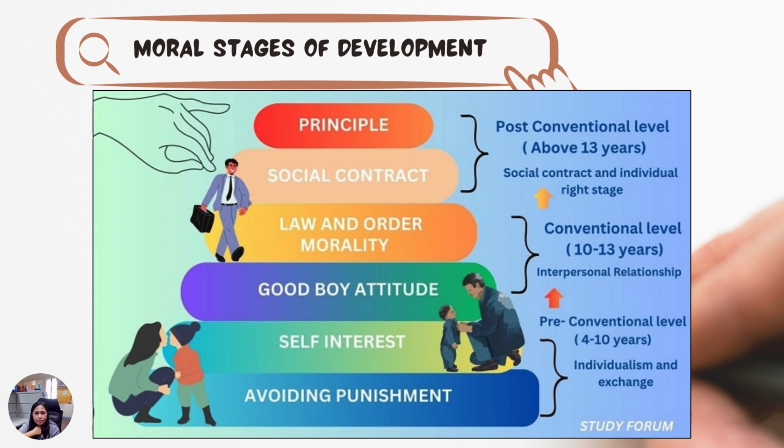In the fifth substage, we have here the social contract orientation, in which people realize that laws are social contracts meant to promote the common good. However, they also understand that laws are not absolute. They can be changed if they no longer serve humanity.